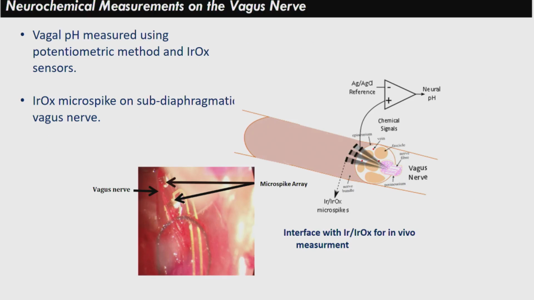This is an example of where the data was collected from. There was the vagus nerve from which we were collecting the data. These were very small micro spike pH electrodes that we saw yesterday. These micro spike pH electrodes were inserted into the nerve.